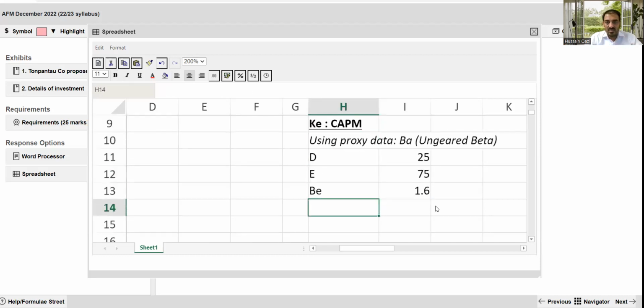Now come on, the working for the beta asset. How to calculate beta asset? It's very simple with the formula: beta asset is equal to beta equity, which is 1.6, multiplied by E, here 75, divided by 75 plus debt 25 times 0.8.